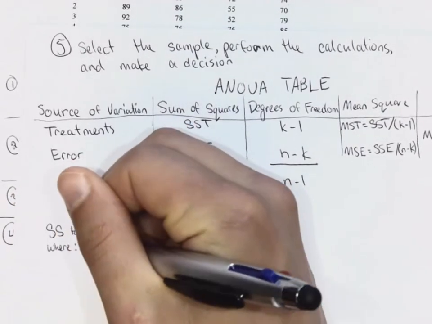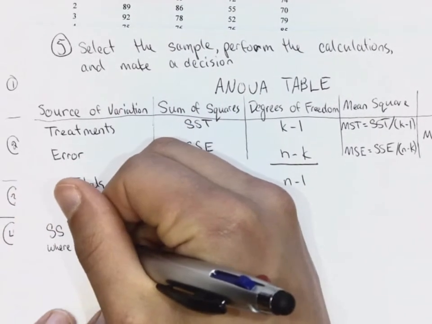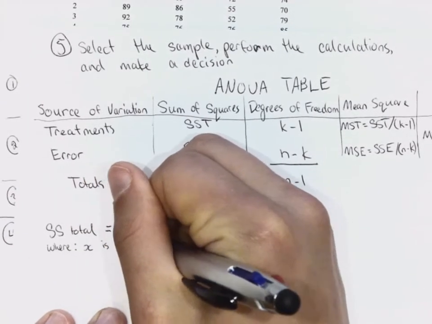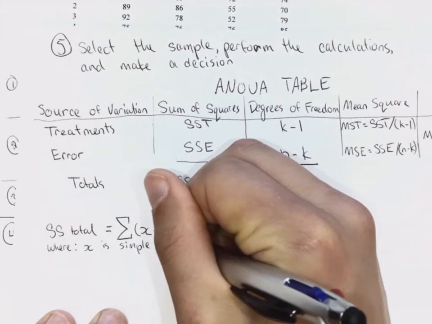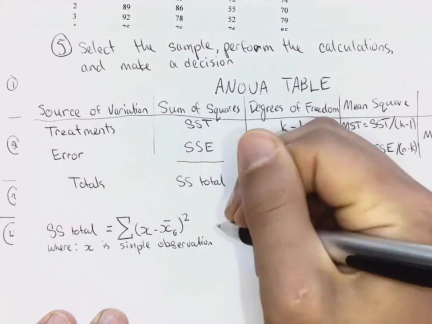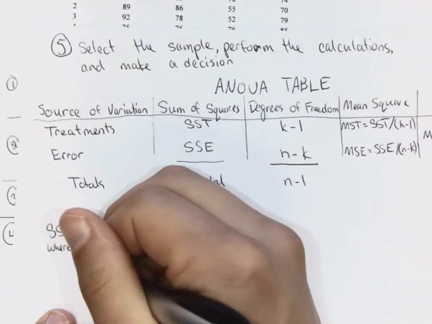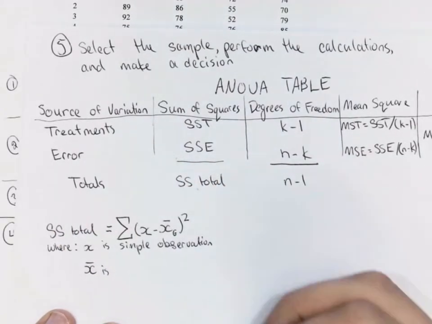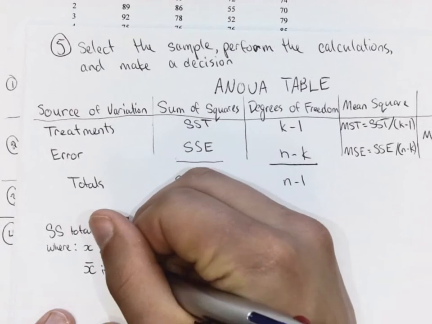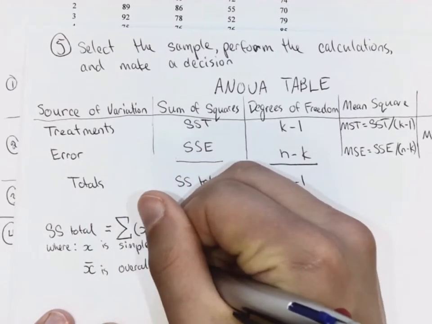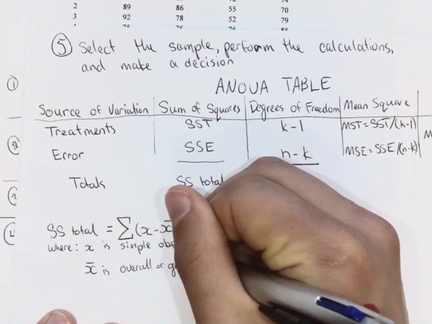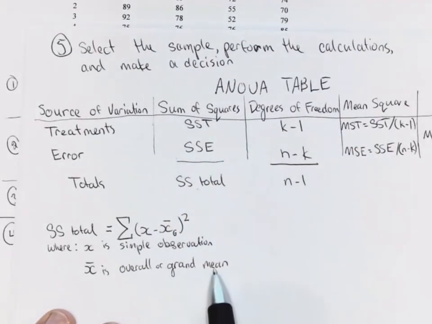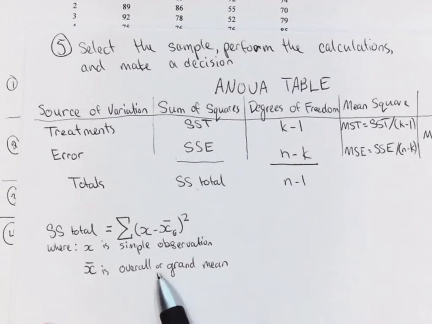Where X is our simple observation, and our X bar is the overall or grand mean. So all of the observations in all the treatments give our overall mean.